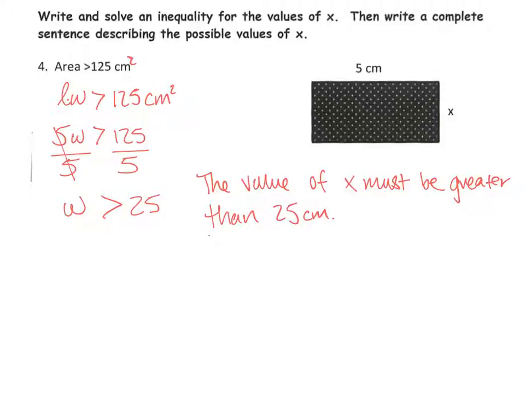What does W represent again? Width. So what's another way that we can write this sentence using the word width? The width must be greater than 25 centimeters. Yeah, so the width must be greater than 25 centimeters. Okay, that's another way.